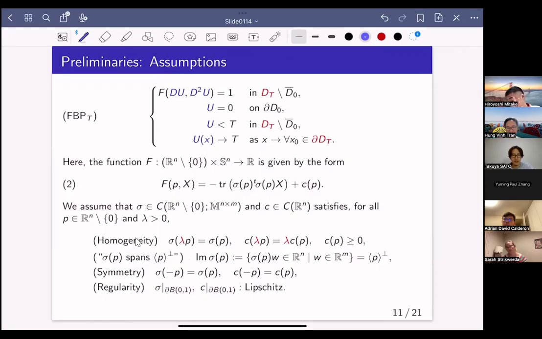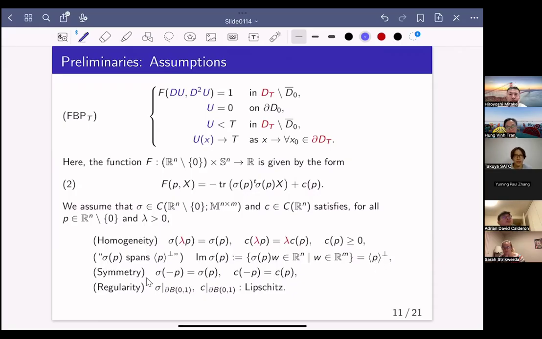And this condition is naturally given by the level set formulation. The second condition is about the degeneracy of this anisotropy sigma. This means that for each p, the image of sigma p, in the sense of the linear map, spans exactly the subspace perpendicular to the vector p.